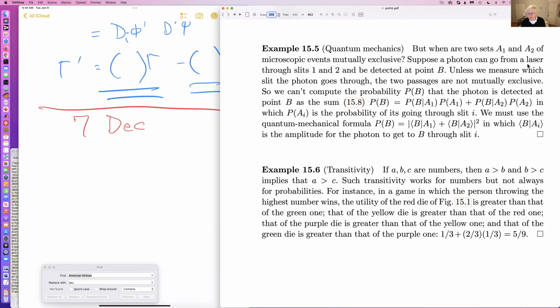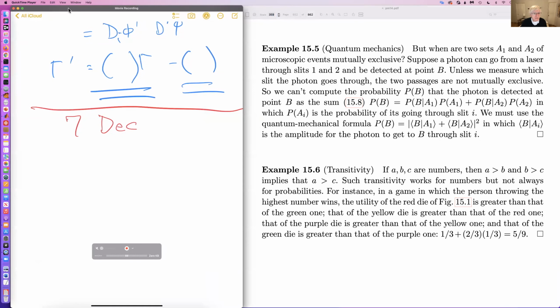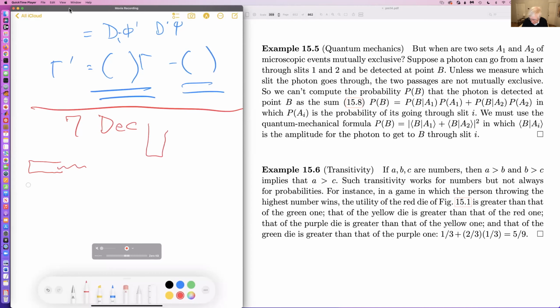So suppose you've got your classic two-slit experiment. I'm sure you guys have all seen this. So you've got photons coming out, you've got a barrier with two slits, and they're equal slits.